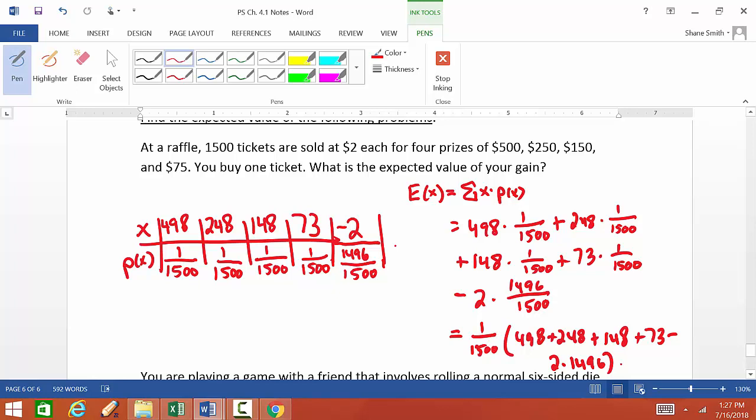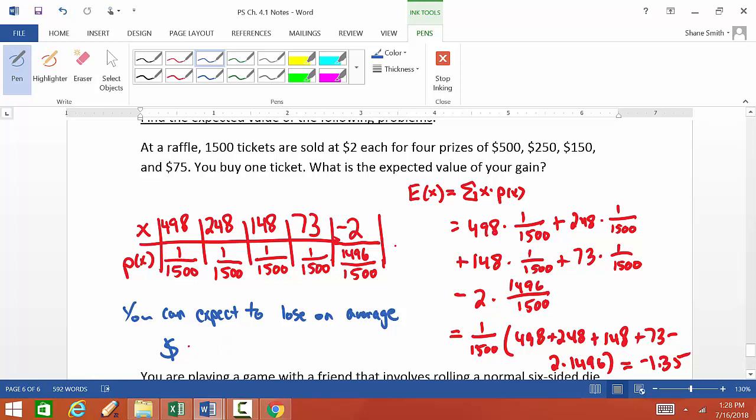Anyway, the answer is negative $1.35. So basically, for each ticket, you can expect to lose, on average, $1 and 35 cents.